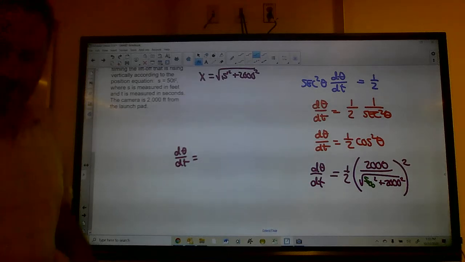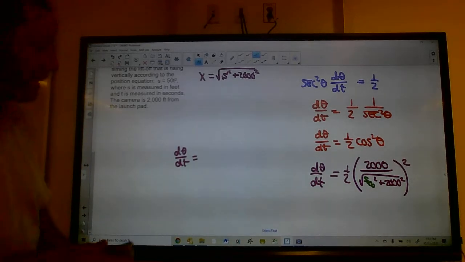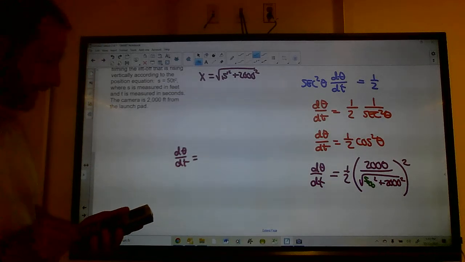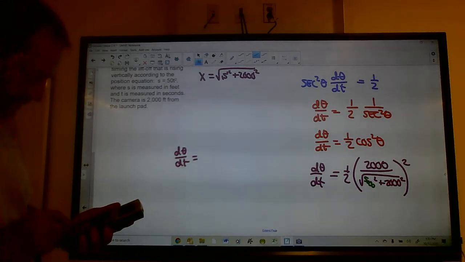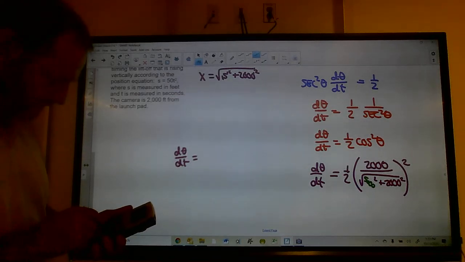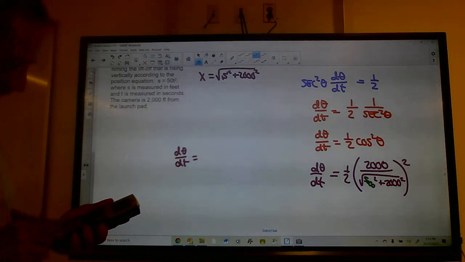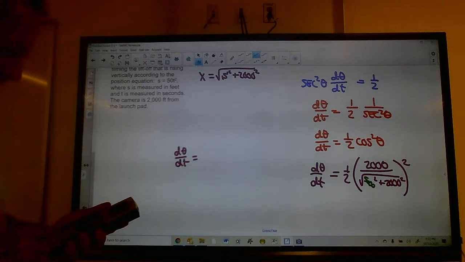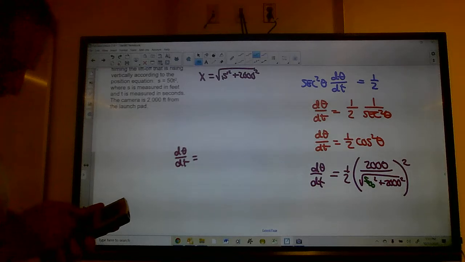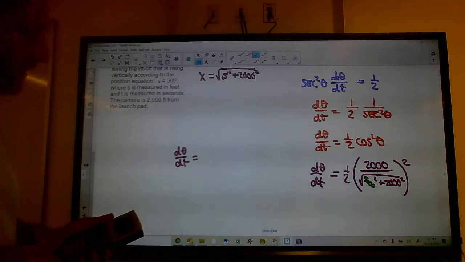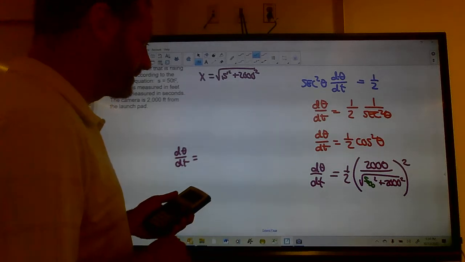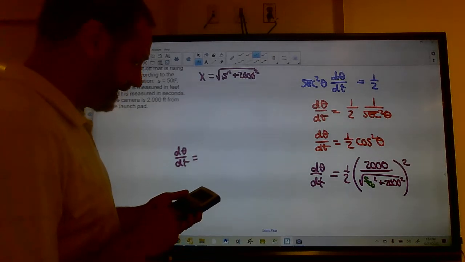Okay, and now we can calculate it. So 5,000 squared plus 2,000 squared is a big number. We're going to square root that. And then we're going to take 2,000 and divide it by that.